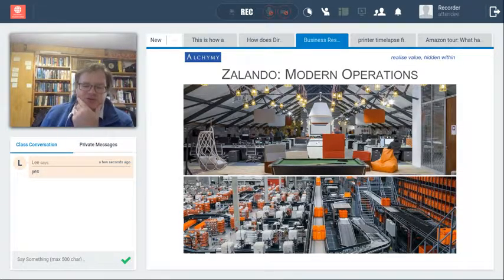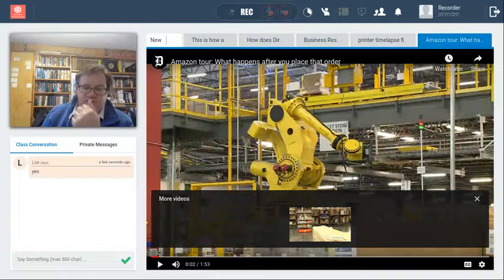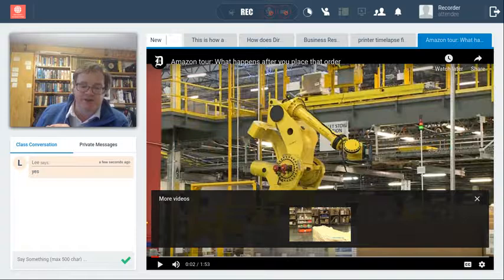The reason I wanted to show you that was to show you some of the moving parts. So in that clip we saw, obviously, the robotic arm. We've got the flowing mechanisms, the moving mechanisms, the conveyor belts, if you like, the stacking lines. You've got the organized space in terms of venues and addresses and so on.